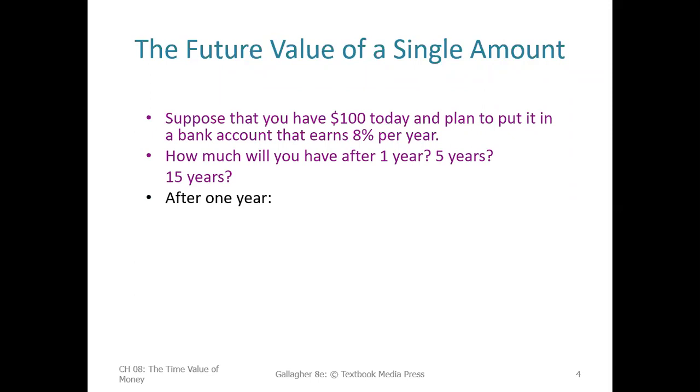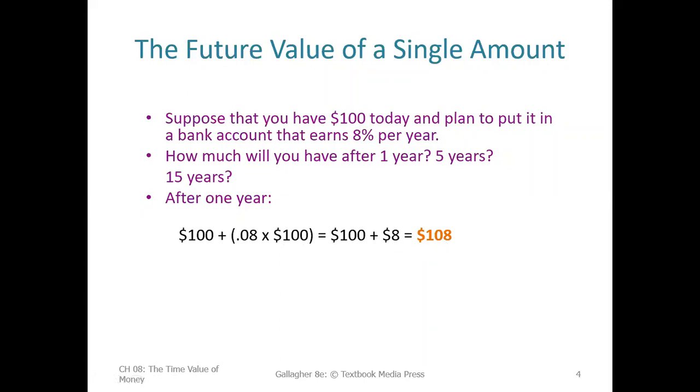After 1 year, the $100 is your principal, and 8% based on the money you have today is your interest. After 1 year, you have $100 of your initial deposit plus $8 interest.